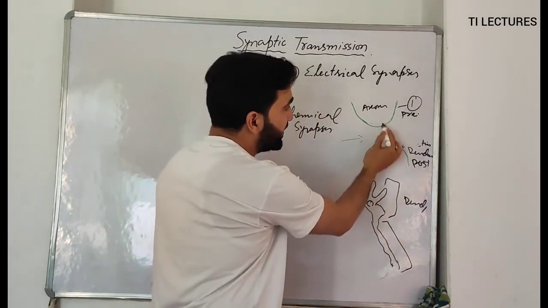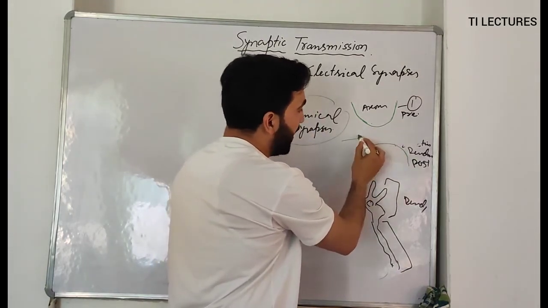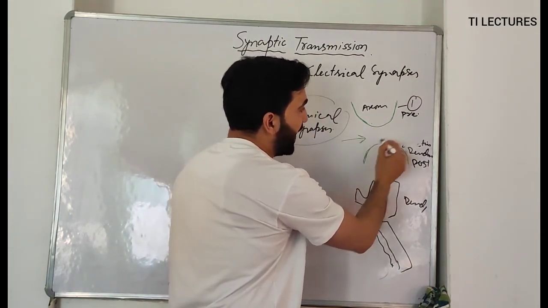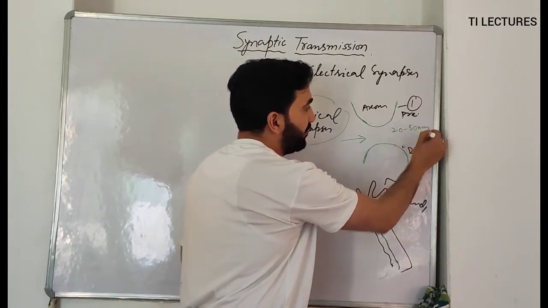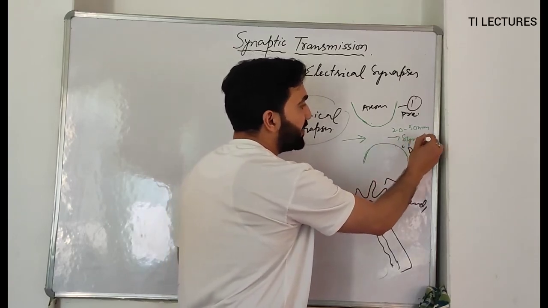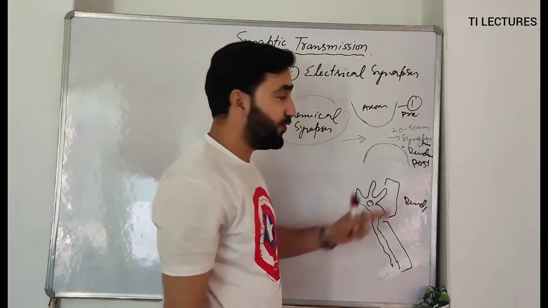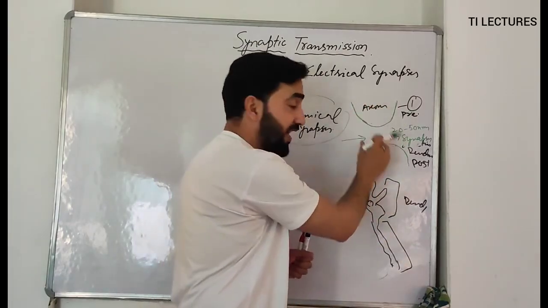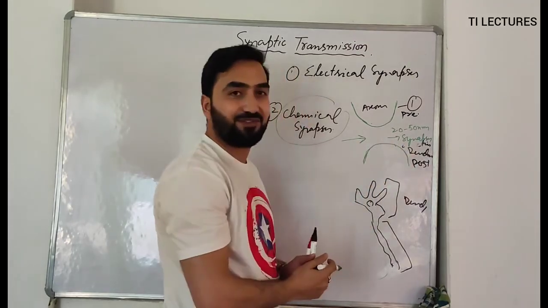Both of these cells in chemical synapses are separated by a gap of approximately 20 to 50 nanometers, and that gap is called the synapse. That means there is a short gap of 20 to 50 nanometers between the presynaptic cell and the postsynaptic cell, and that gap is called the synapse, right?